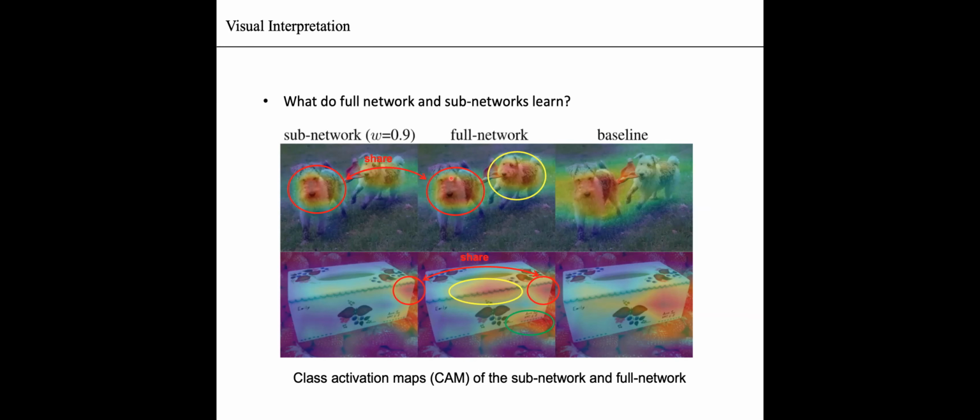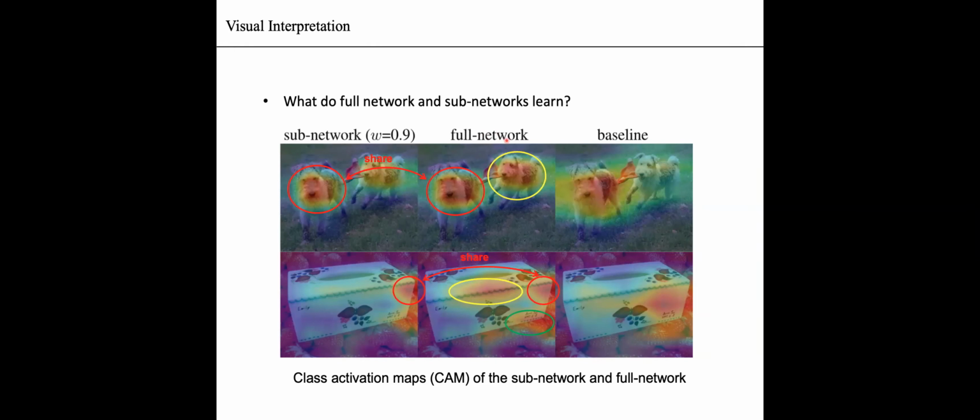So the knowledge is shared among full network and subnetwork. So the subnetwork here is paying attention to the face region of this left dog, and you can see this translates to the full network as well, right? Because they are sharing the network weights. So the knowledge is shared. So the full network is also paying attention to the face region of this first dog.